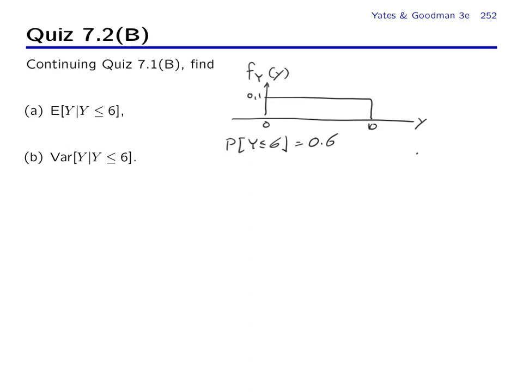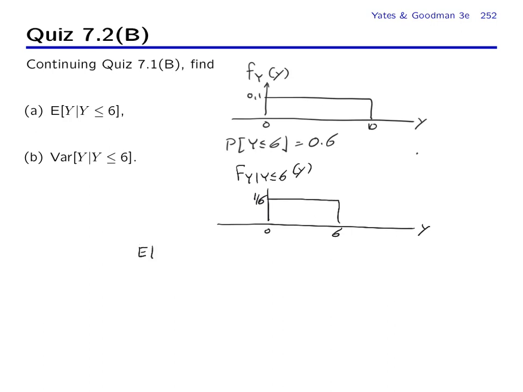And from that we found that the conditional PDF of Y given Y was less than or equal to 6 was a uniform 0 to 6 PDF. So in fact, once you make that observation, the rest of this problem is really trivial.